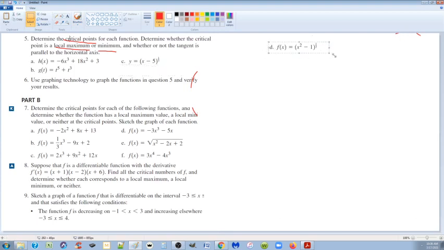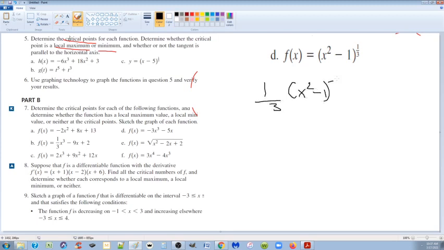Now let's take the derivative of this. So I get a 1/3 x squared minus 1 to the negative 2/3 times 2x, which is the derivative of the inside. That's just chain rule, which comes out to this.